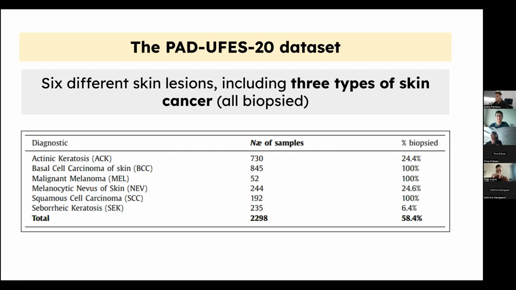Well, in this column here, you may see the number of samples for each lesion. And I'd like to highlight the number of melanoma samples here, which is only 52, right? Quite often I hear people say, oh, it's too few, you should increase this number.